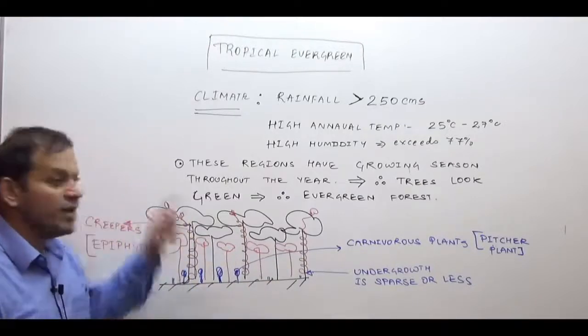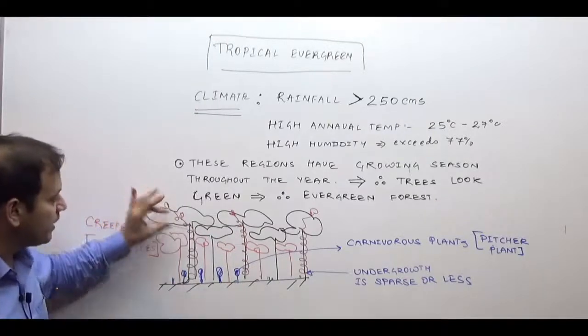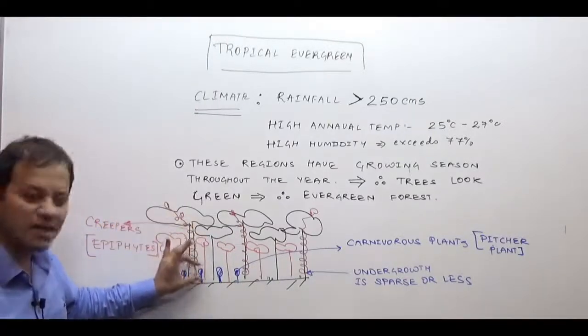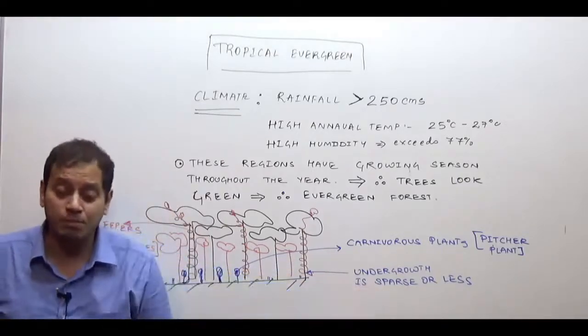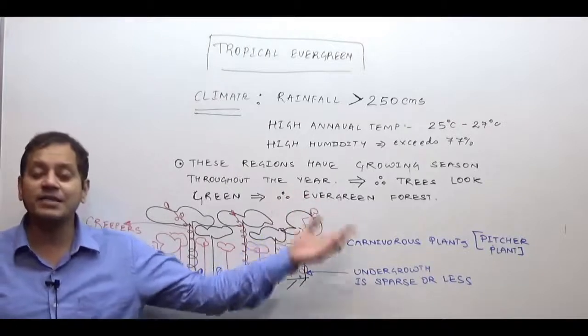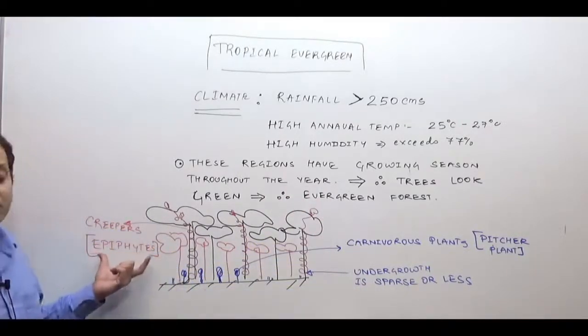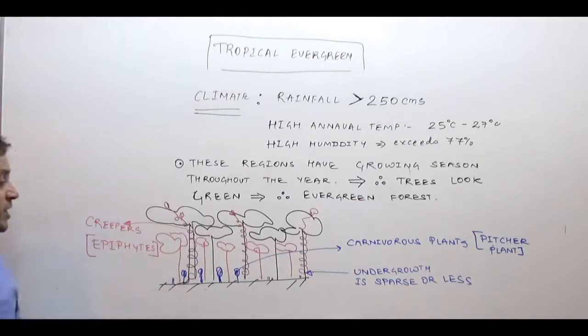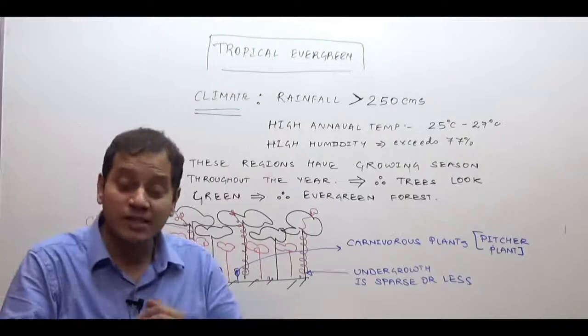You can see from my diagram, it consists of a top layer, then the middle layer, then the ground layer, which is very less, but there can be a presence of carnivorous plants. So we say that the undergrowth is less dense or sparse, and it also consists of creepers or epiphytes, that climb on other trees.